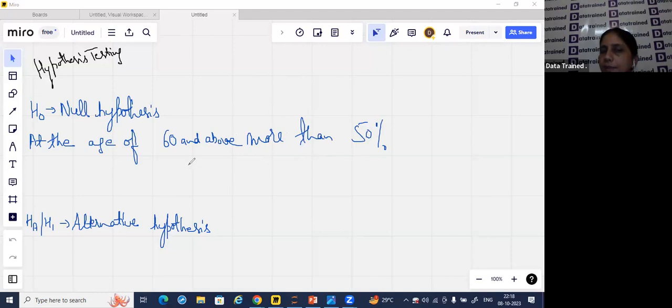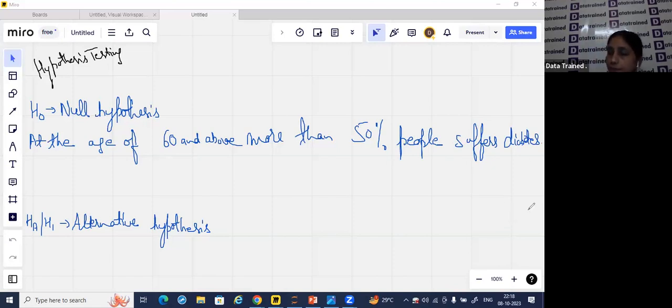Meaning, at the age of 60 or above, more than 50% of people suffer from diabetes. So this is the general thinking I'm making.